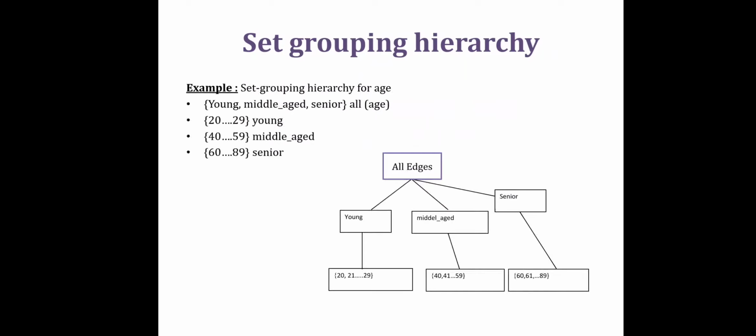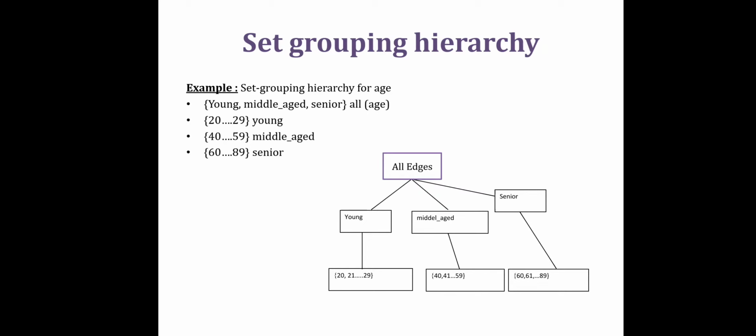Here is one example of how we group that hierarchy for age. Age can be grouped as young, middle age or senior. How do we divide young, middle age and senior? By giving some ranges. The ranges here are 20 to 29 for young age, 40 to 59 for middle age, and 60 to 89 for senior age.